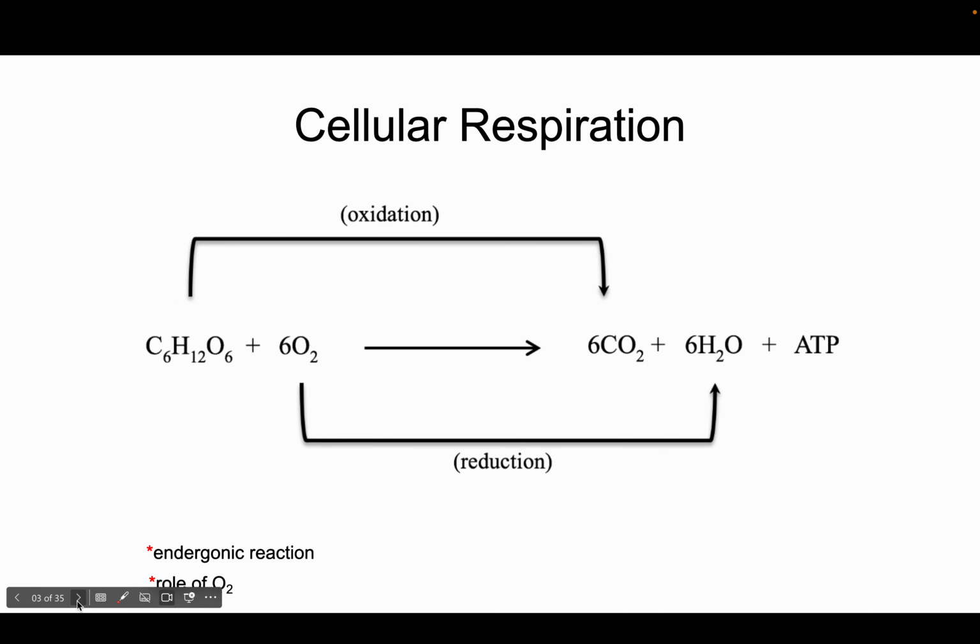So glucose in the presence of oxygen can be broken down into smaller molecules alongside the production of ATP. So glucose is oxidized such that it becomes carbon dioxide, while oxygen is reduced, so water is actually produced. And in the process, ATP is produced.